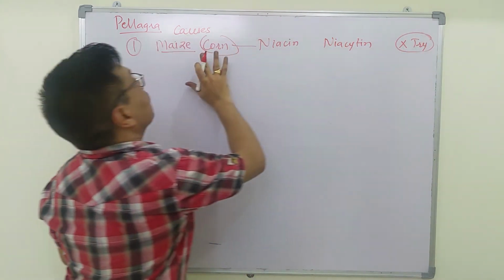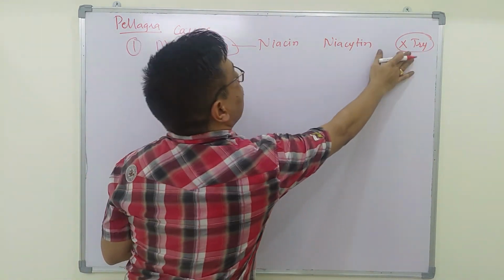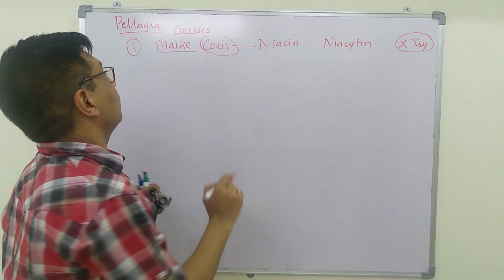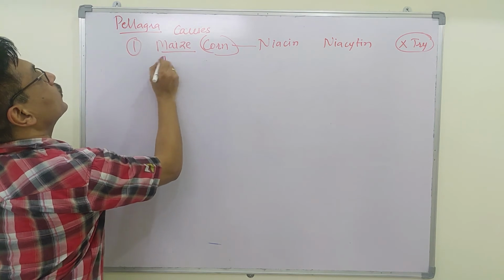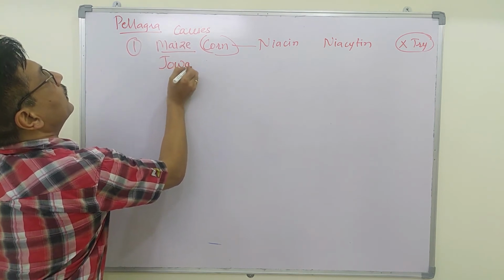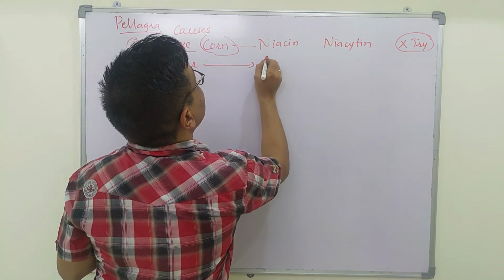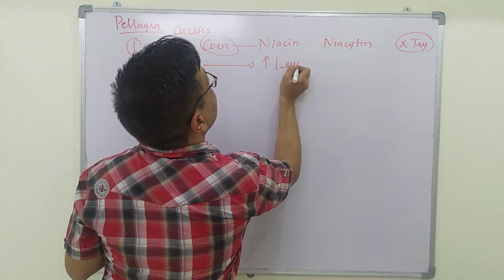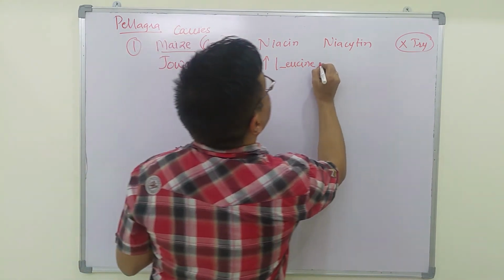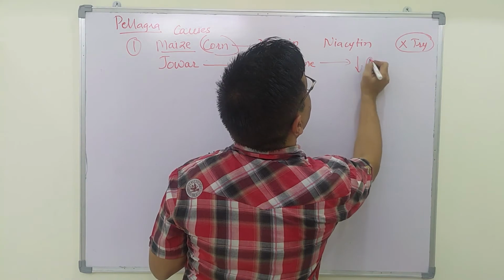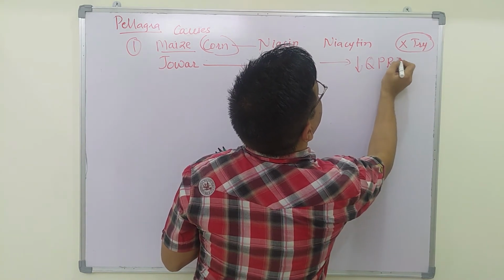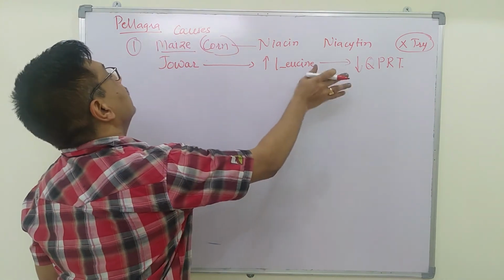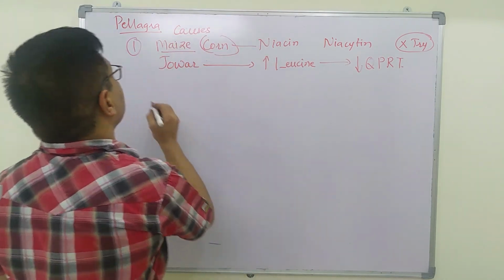So non-availability of niacin and non-availability of tryptophan lead to pellagra. If a person consumes a lot of jowar, sorghum, it has high leucine content, and this high leucine content decreases activity of quinolinate phosphoribosyl transferase. Thereby, there occur symptoms of pellagra.